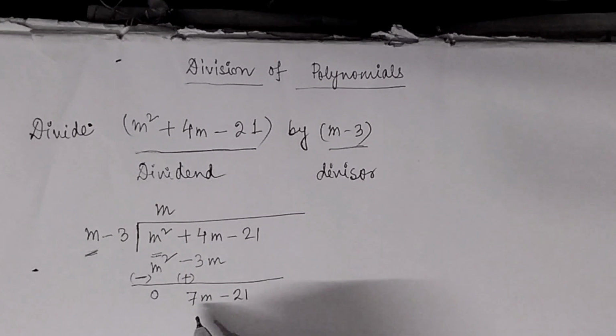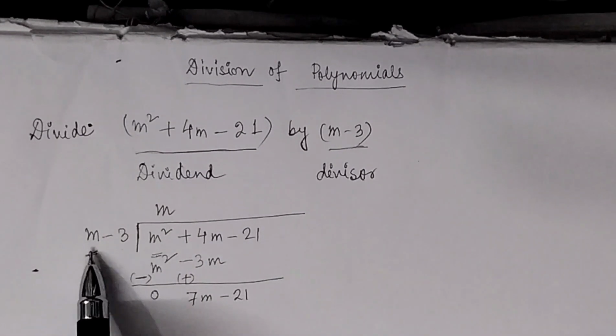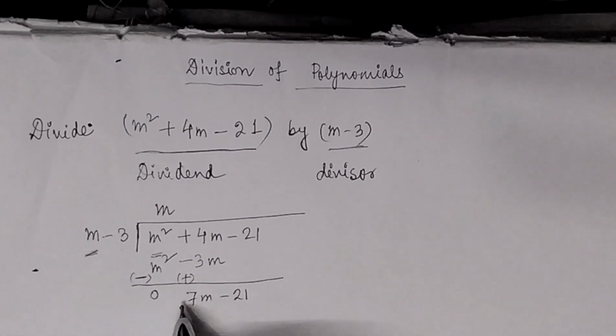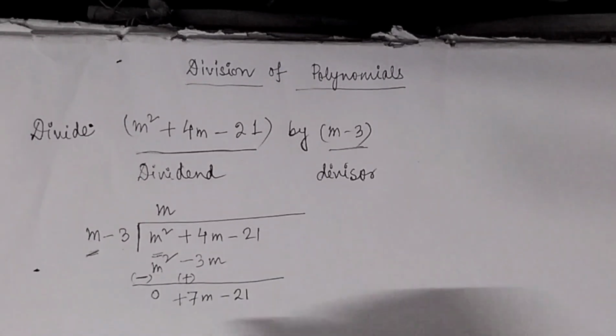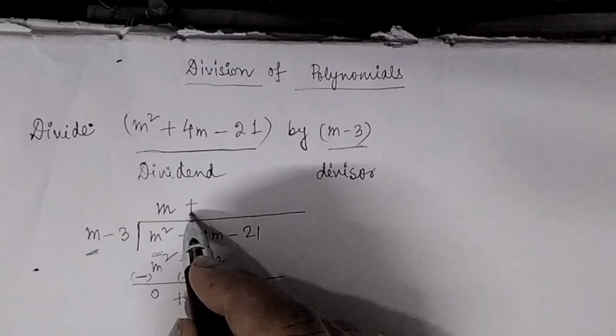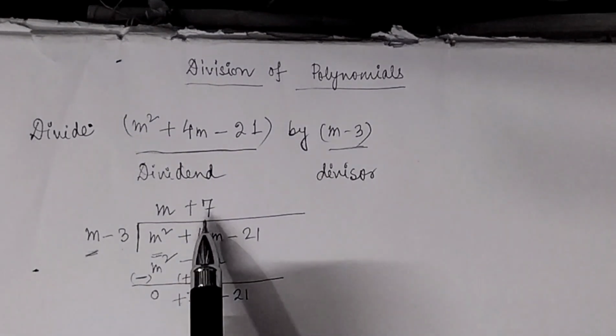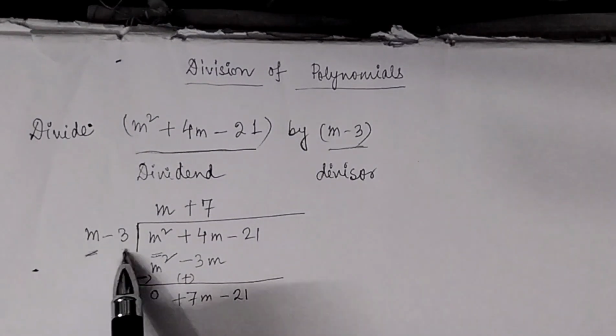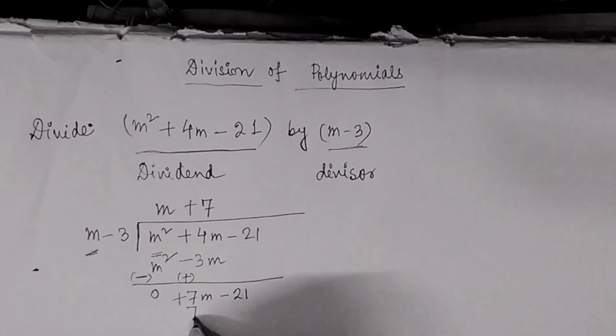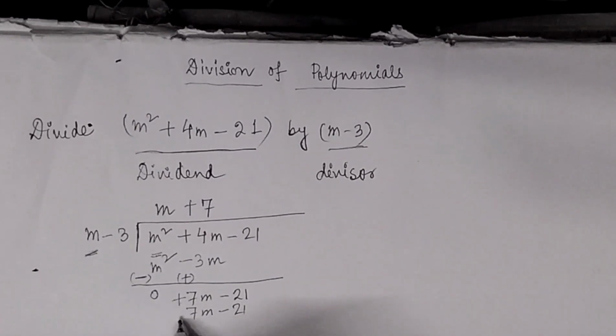7m is the first term that is to be eliminated. So m should be multiplied with plus 7 because the sign must be the same. Here it is plus, right? So here plus 7 is taken in the quotient. So 7 into m minus 3 will give us 7m minus 21. Signs are the same and hence 7m is obtained.